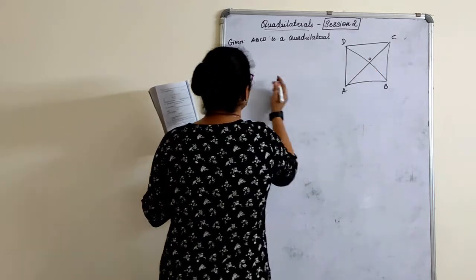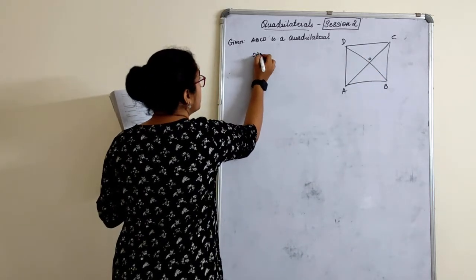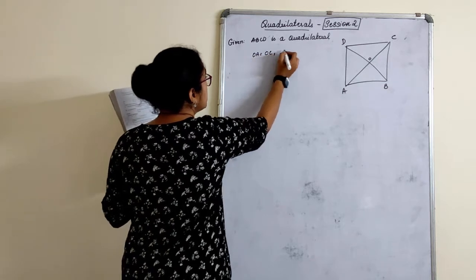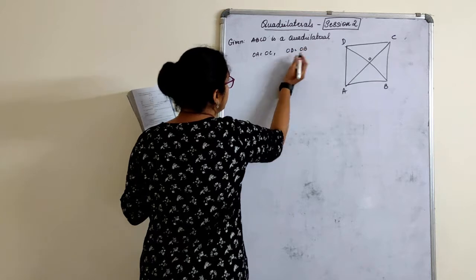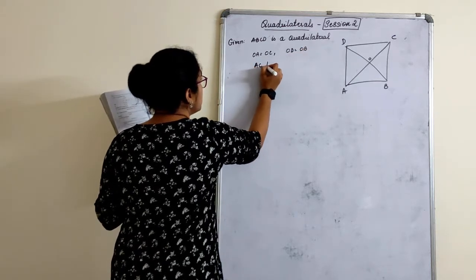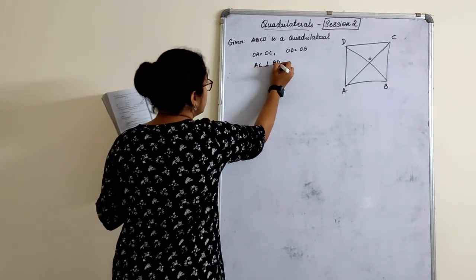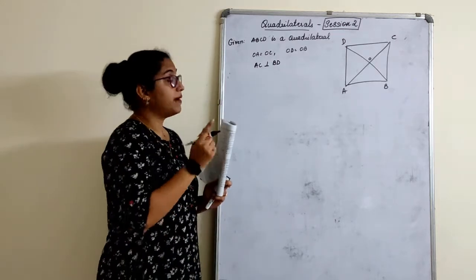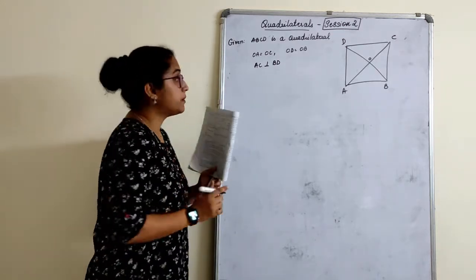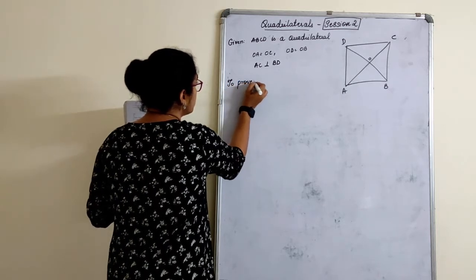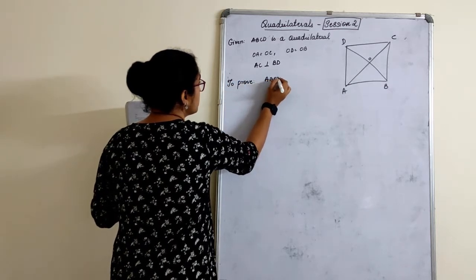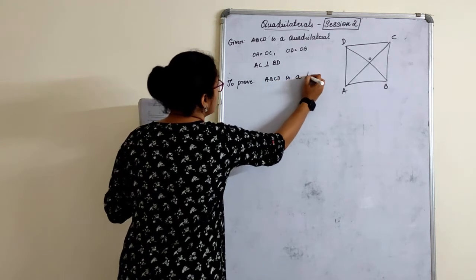First of all, I will write here OA is equal to OC, OD is equal to OB, AC perpendicular to BD, right? Diagonals bisect each other perpendicularly. That part we have finished. To prove: ABCD is a rhombus.